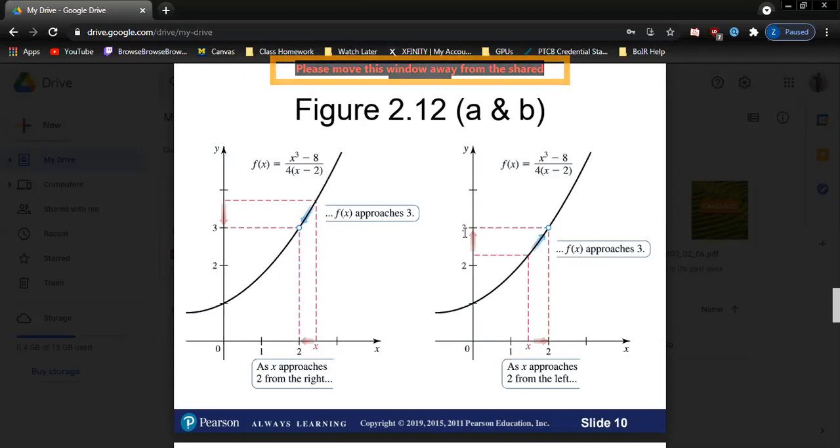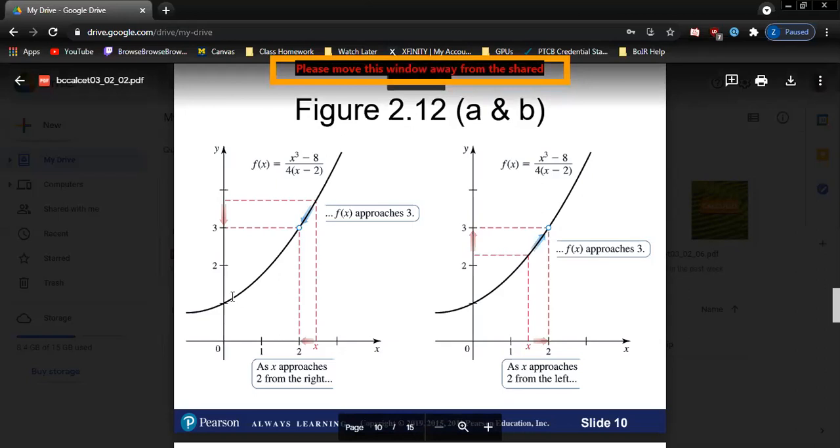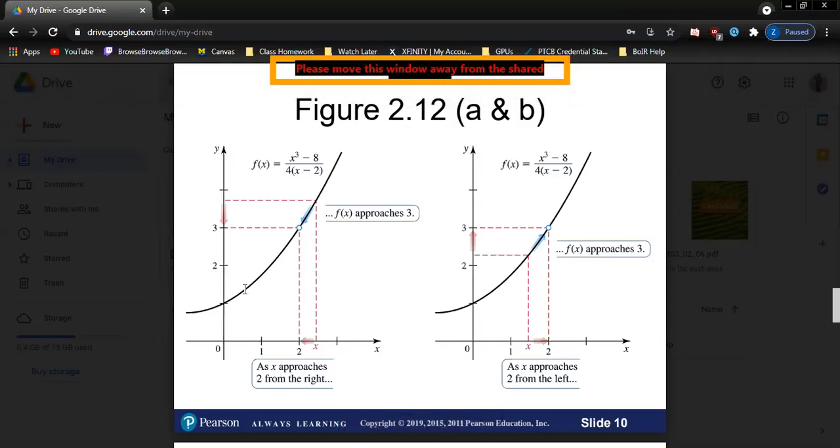The function will not be given, only the graph will be given, and still you will be asked to calculate this. That means a graph will be given and the question will ask you to find the left-sided limit or the right-sided limit. So what you need to do is you just approach from your left and see where your graph takes you, and repeat the same for the right-sided limit if it's been asked.